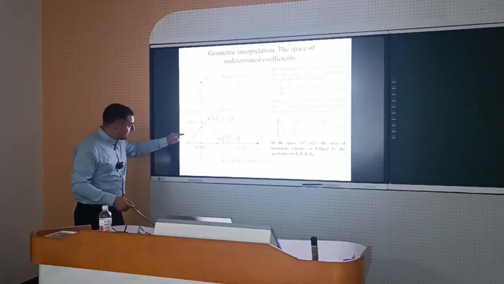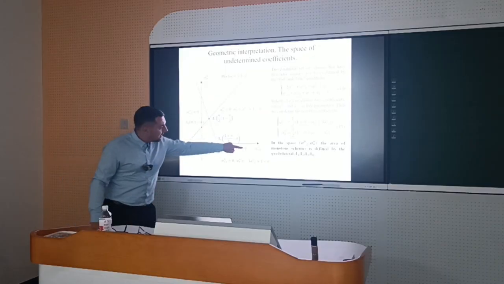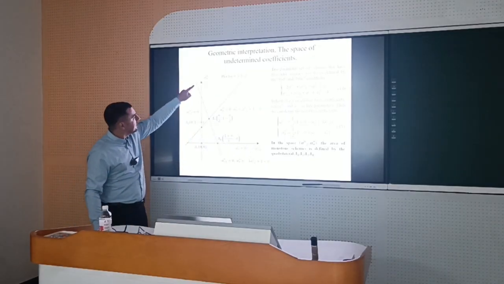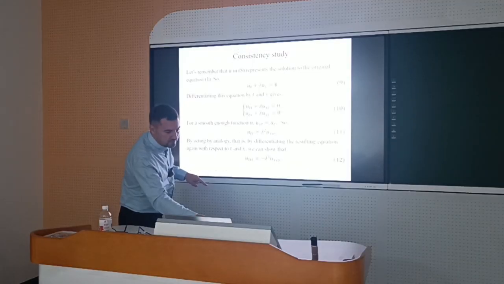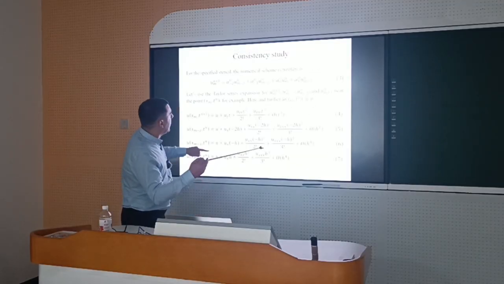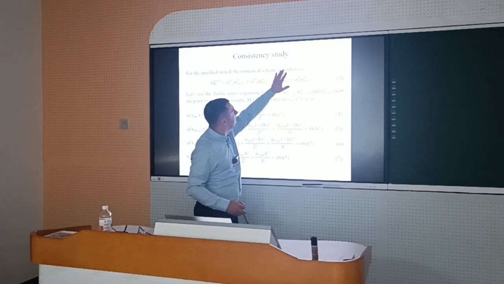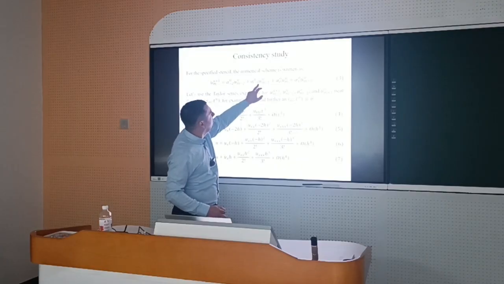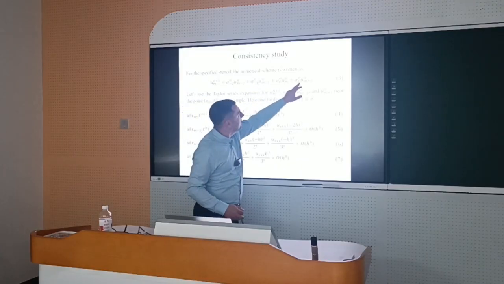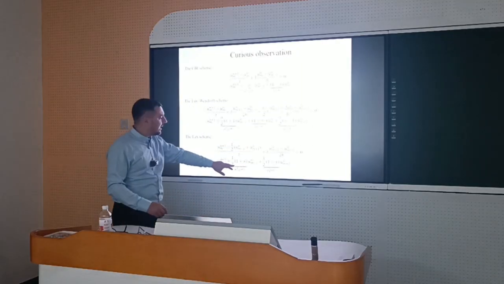For example, what is the point 0, 0? It means alpha minus 2 is 0 and alpha 0 is 0. Alpha minus 2 is 0, we don't have this term, and alpha 0 is 0, we don't have this term. So this is a scheme when we have only u_{m-1} and u_{m+1}. This is the Lax scheme.